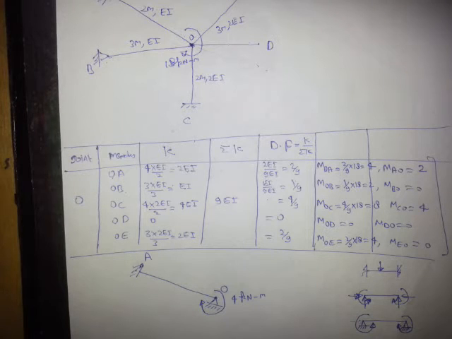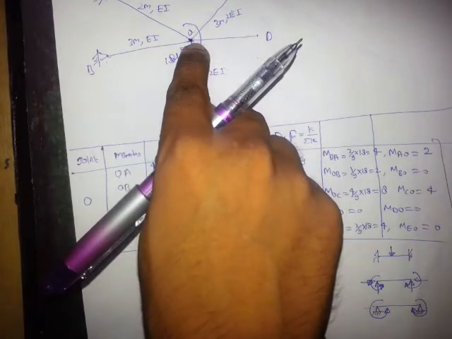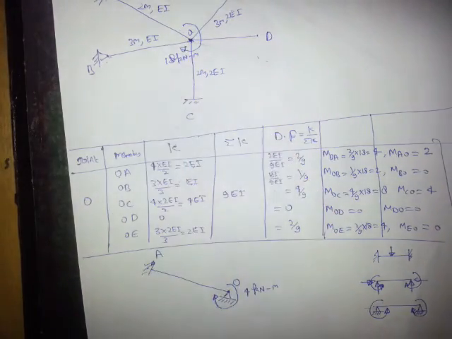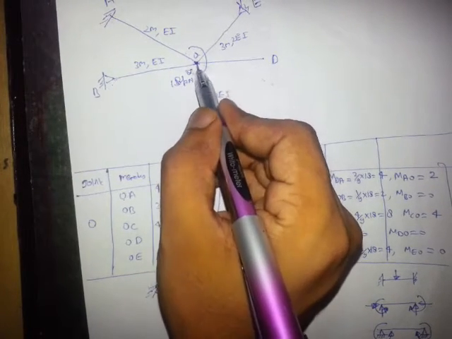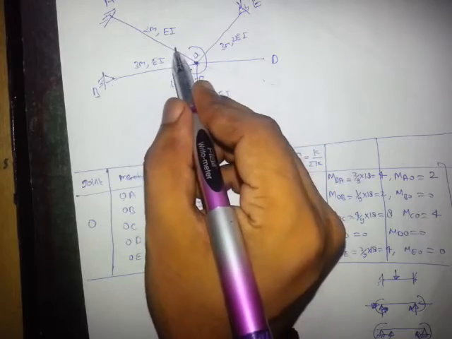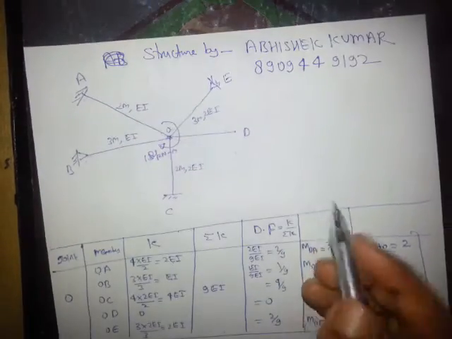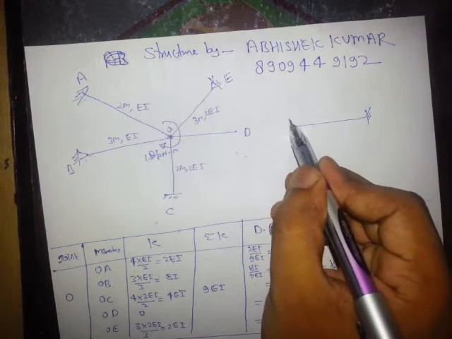Now he asks you to calculate the slope, calculate the rotation of joint O. See friends, since this is a rigid joint, the rotation of each member at this joint will be the same. For example, there were two members like this.